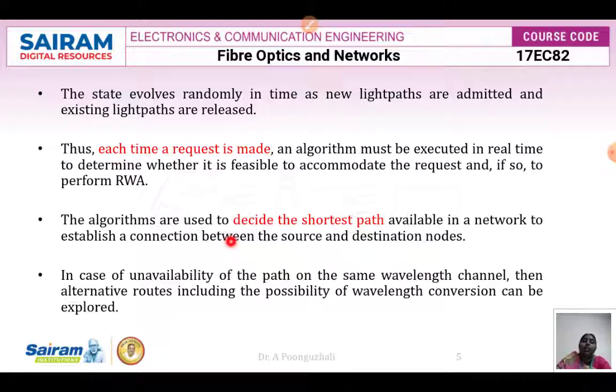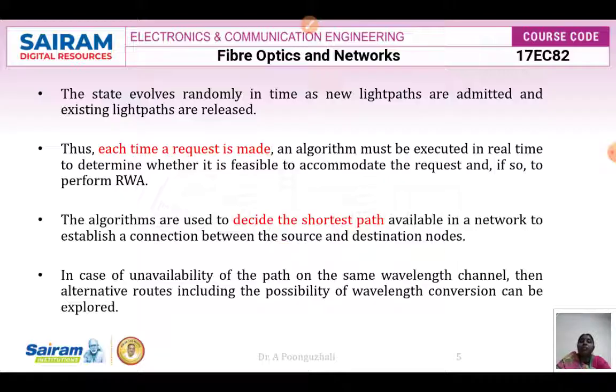So when a network initiates a request, the network state evolves randomly in time as new light paths are admitted and the existing light paths are released. Each time a request is made, an algorithm is executed in real time to determine whether it is feasible to accommodate that request and perform the routing and wavelength assignment or not.